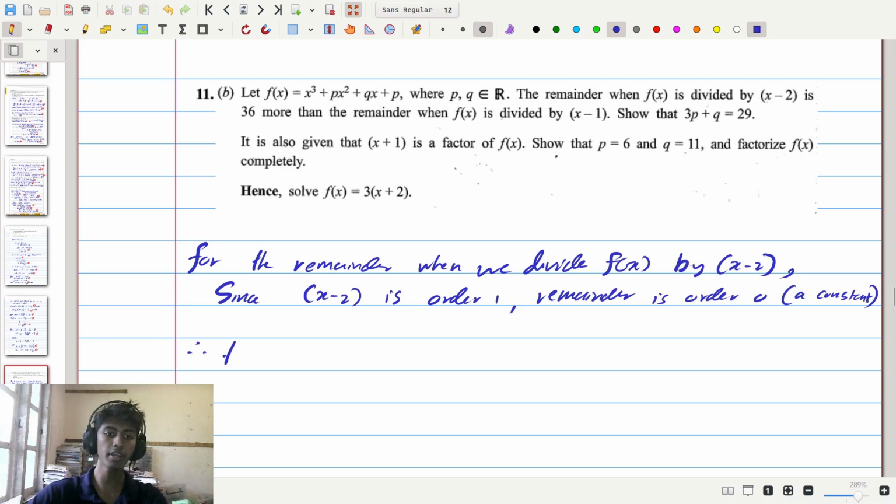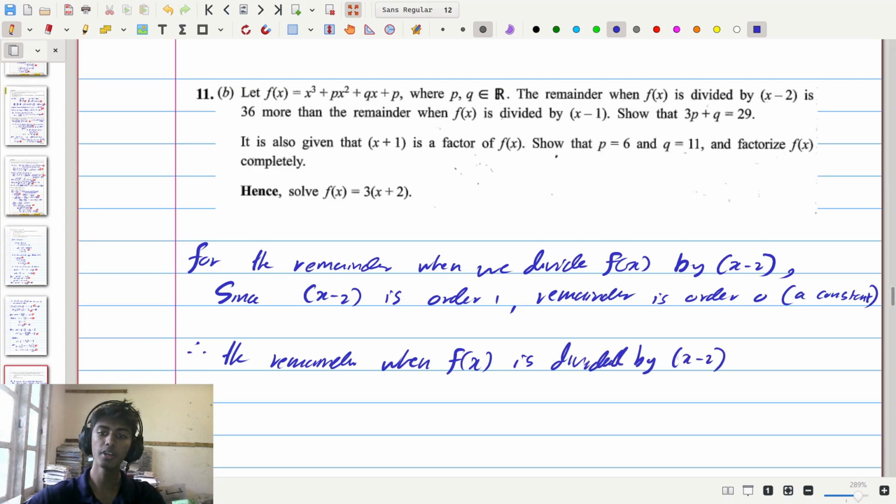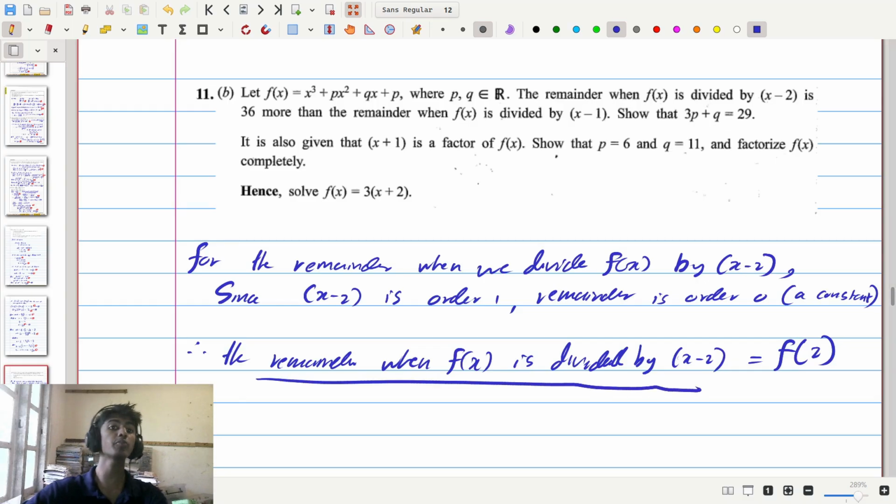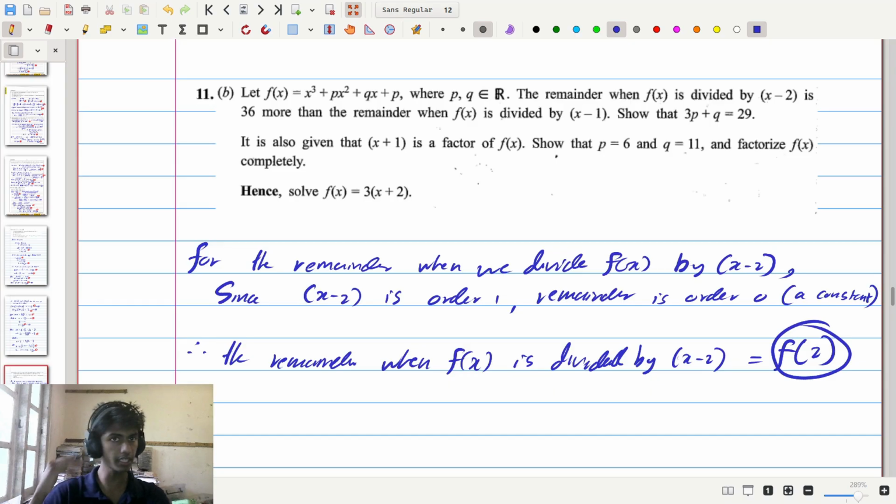Therefore, the remainder when f(x) is divided by x minus 2 is going to be equal to the value that we get when x minus 2 is equal to 0 for x, which is f of, and here, to get x minus 2 equal to 0, x must be equal to 2, and therefore we get f(2). So from this we can see the remainder when f(x) is divided by x minus 2 is directly f(2), and we can say it's directly f(2) since we know that the remainder is a constant.